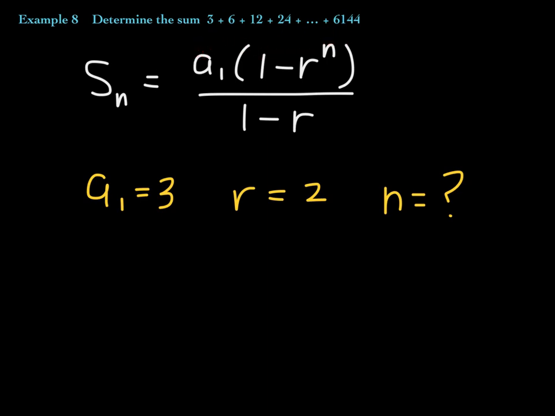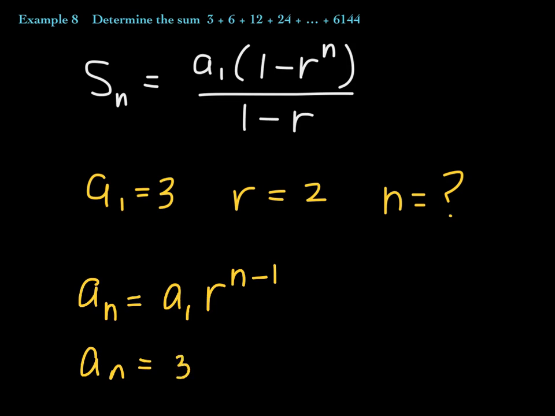So let's find n. I think we can use the general term for a geometric sequence in order to find n. Do you remember this? This is the general term for a geometric sequence. Now, we know the first term is 3.